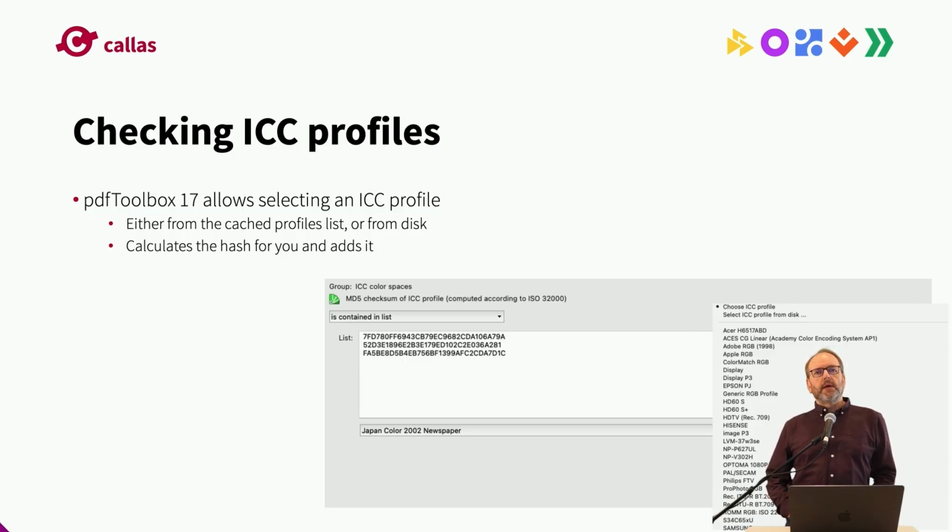And then if you select one, the checksum for that particular profile is added into the edit field. And you can also just open an ICC profile or select an ICC profile from disk, and then it will calculate the checksum for that ICC profile. This is particularly useful because there is not one checksum, there are multiple different types of checksums, and this way you're always certain that you're using the correct one.